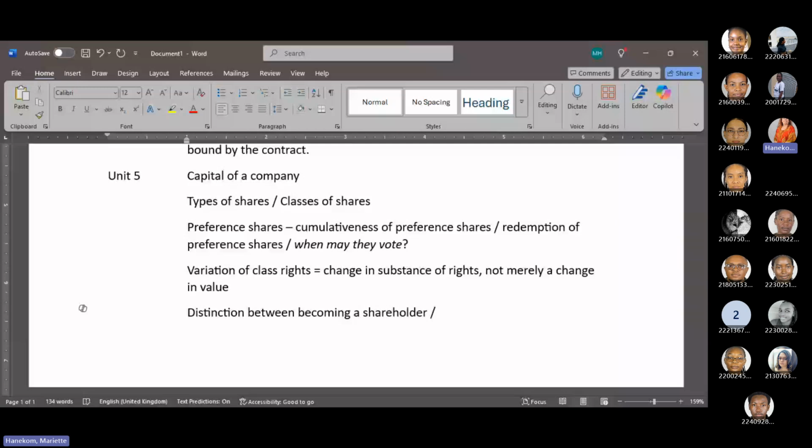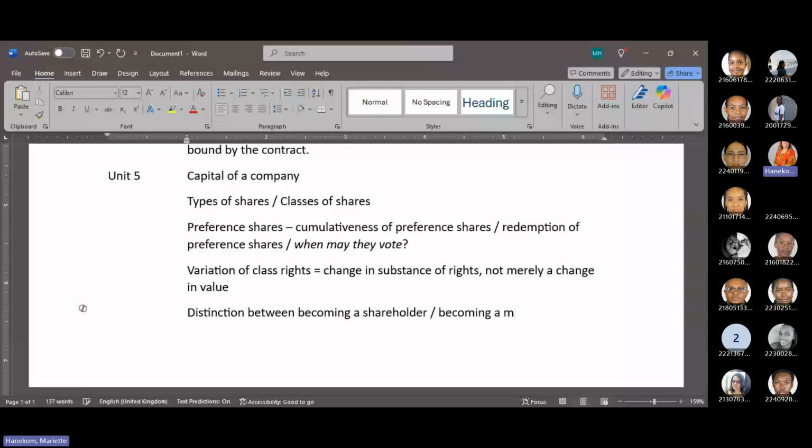Becoming a shareholder, becoming a member. How do you become a member of a company? One of two ways. Either, as I mentioned here, by signing upon registration of the company, signing the memorandum of association.